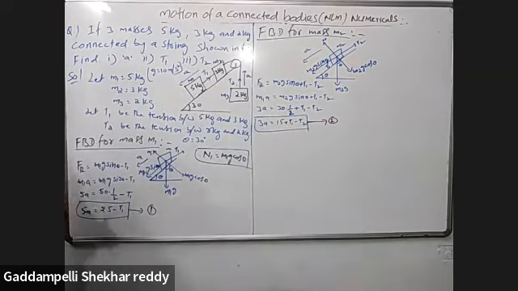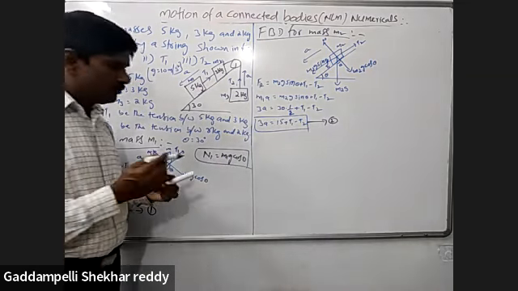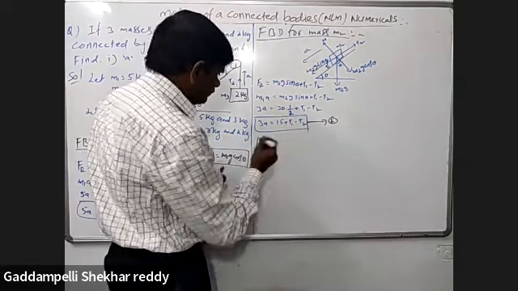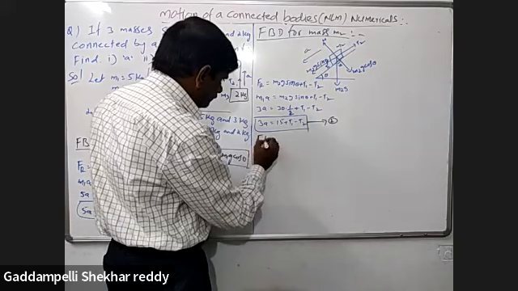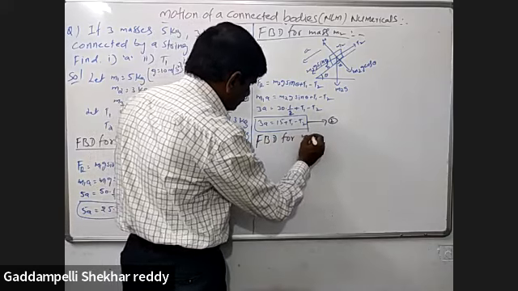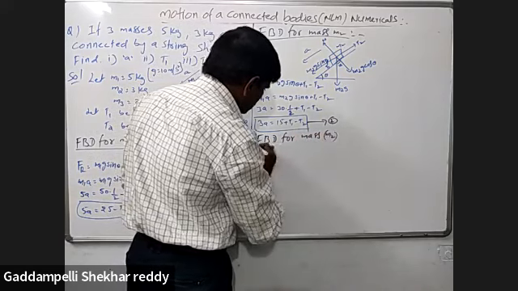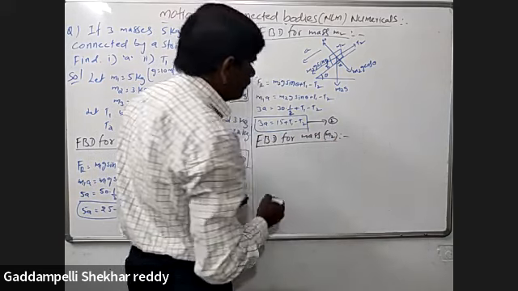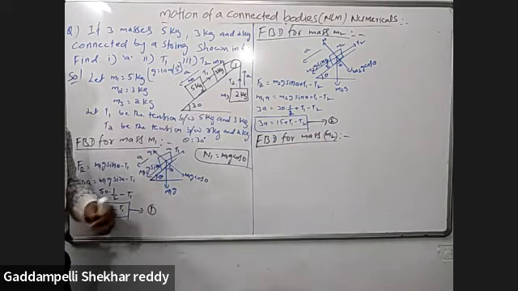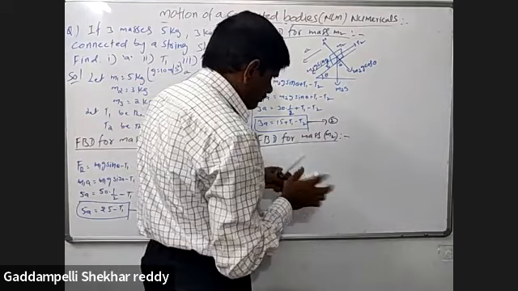So next, remaining in this system, the 2 kg mass. Now we'll draw the free body diagram for mass M3.